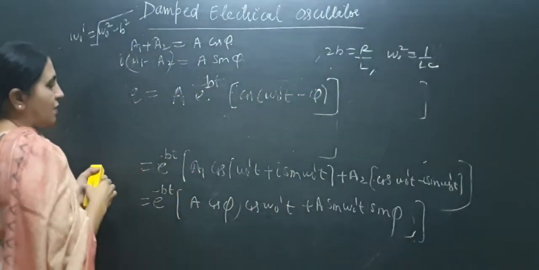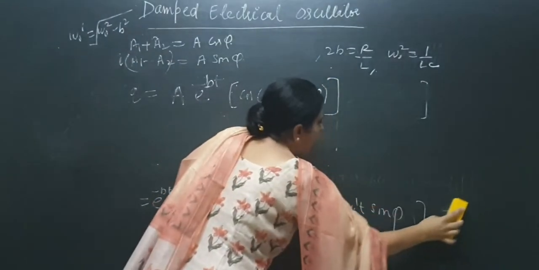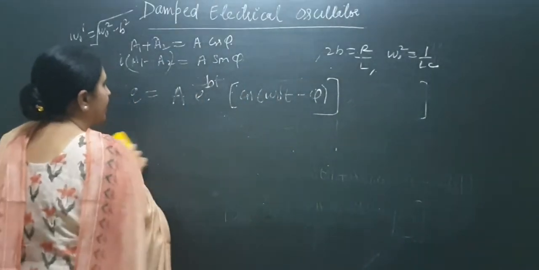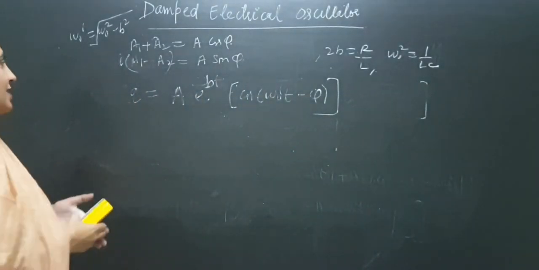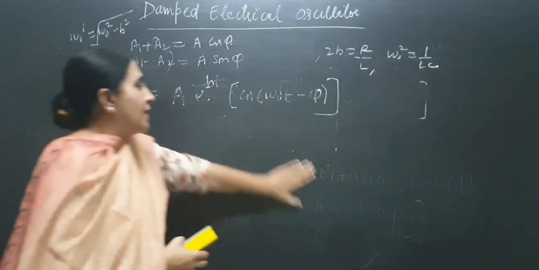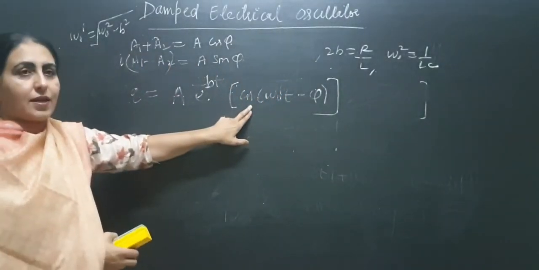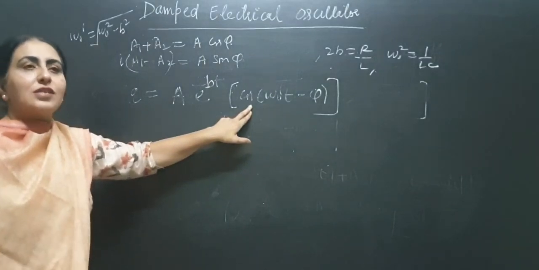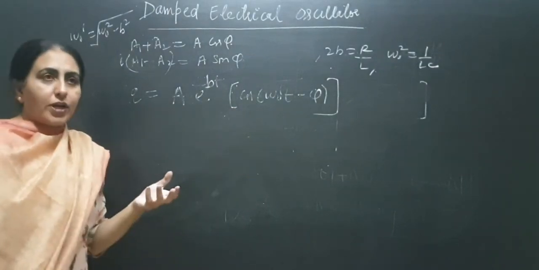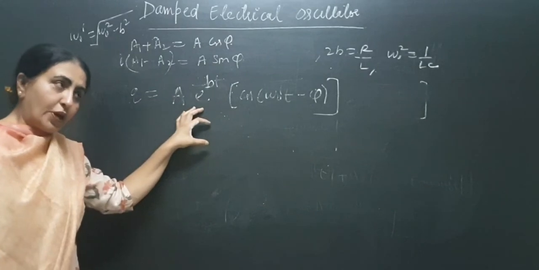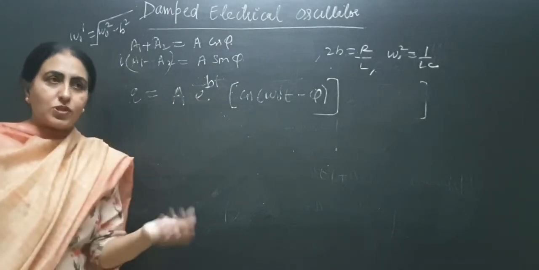So this is our final solution for the damped electrical oscillator. In the mechanical case, here it is x. Clear? Now this is the final solution, and this is a cos term. Cos and sine functions are periodic functions, so the motion is periodic and also oscillatory motion.